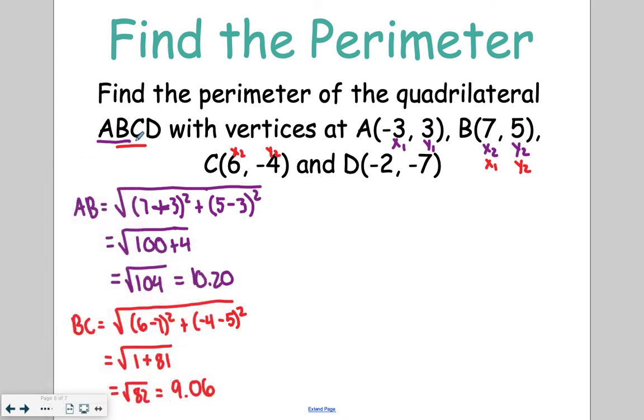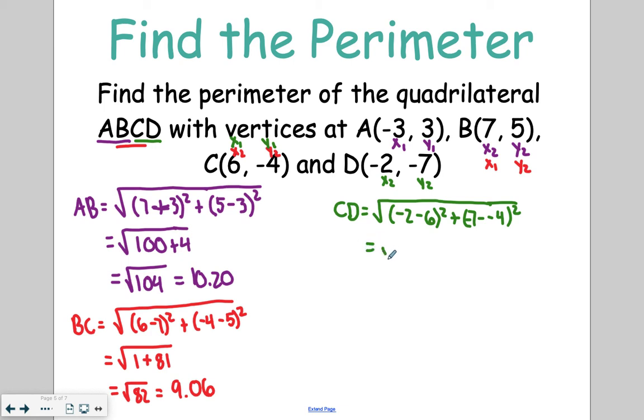Our next side that we are going to look at, again, based on the name, is going to be side CD. So I've got X1, Y1, and X2, Y2. So for side CD, I'm looking at the square root of -2 minus 6 squared plus 7 minus -4 squared. That should be a -7 minus -4.